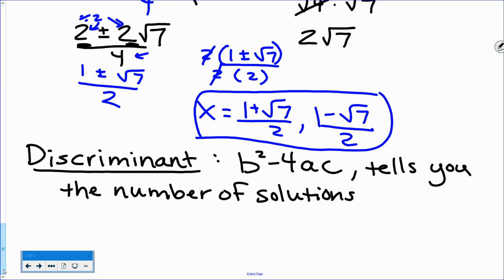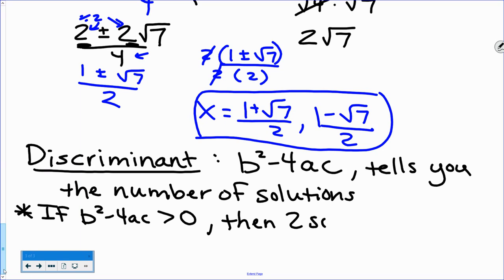All right, so here are the 3 options. If your b squared minus 4ac is greater than 0, so if you get a positive number, then there are 2 solutions. If you remember yesterday, we talked about solutions are zeros, or they're the places where you're crossing the x-axis.